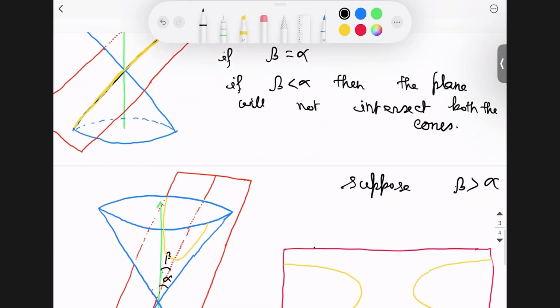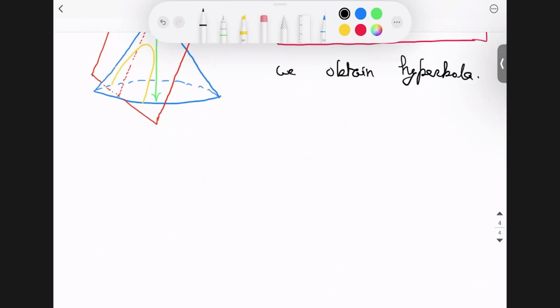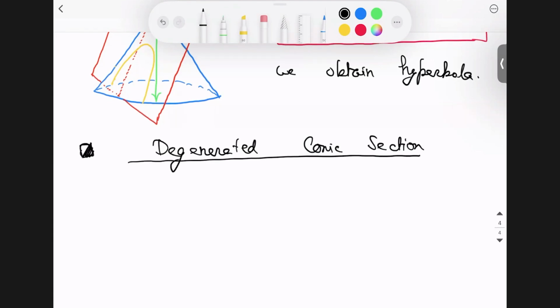Now let us study some degenerate conic sections. Degenerate conic. Okay. So what is the difference between before and after in this case?